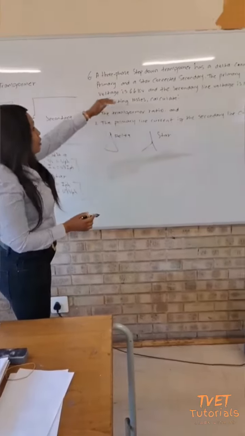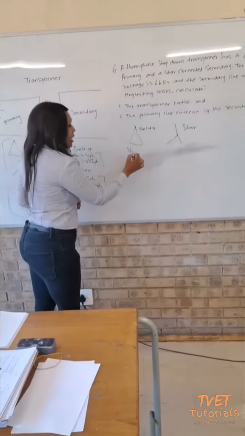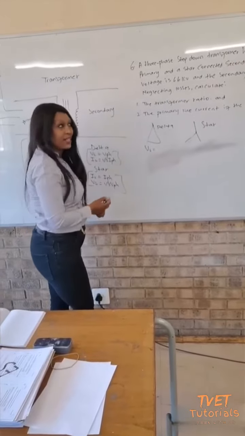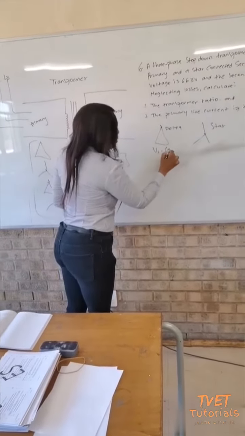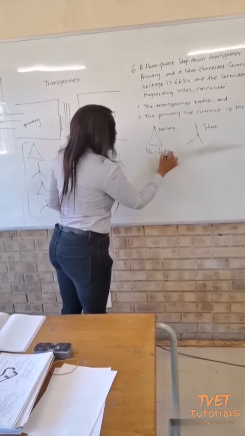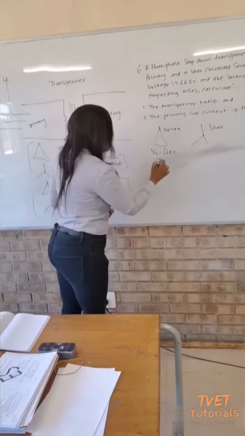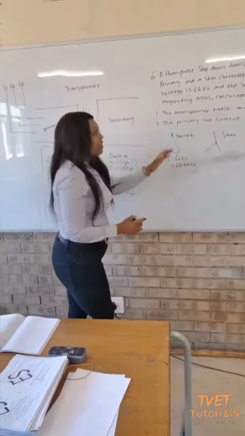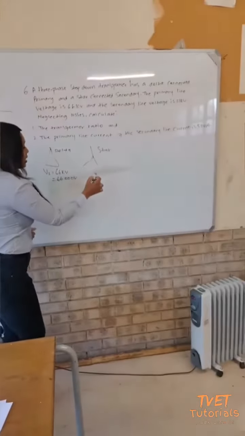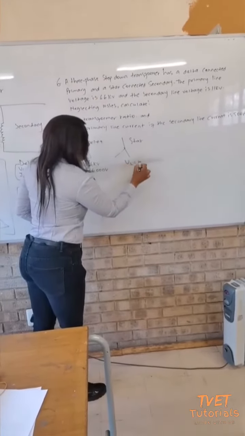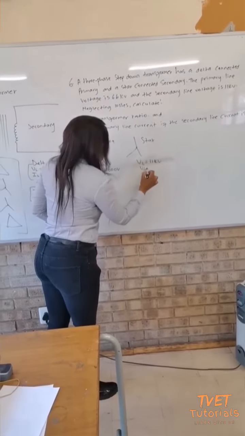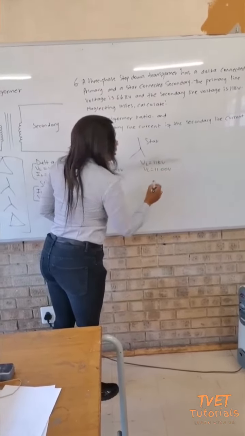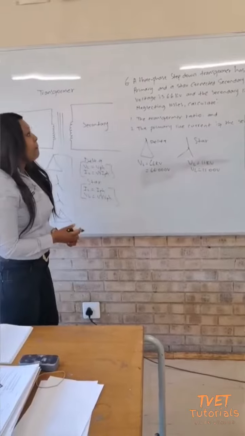The primary line voltage, which is our V line, is equal to 66 kilovolts, which is the same as 66,000 volts. The secondary line voltage is 11 kV, which is the same as 11,000 volts.